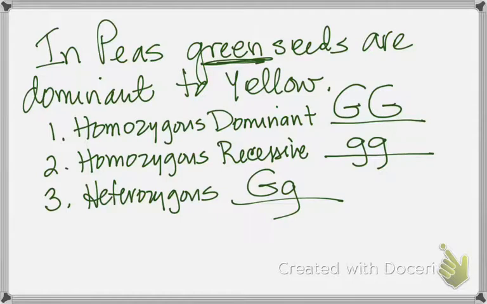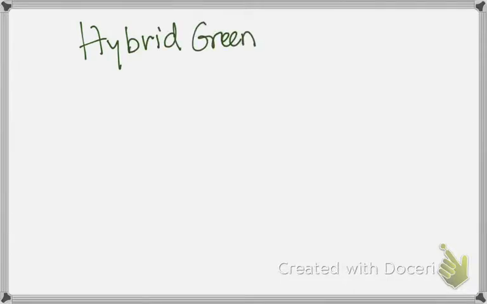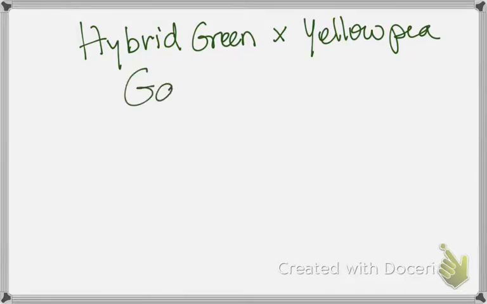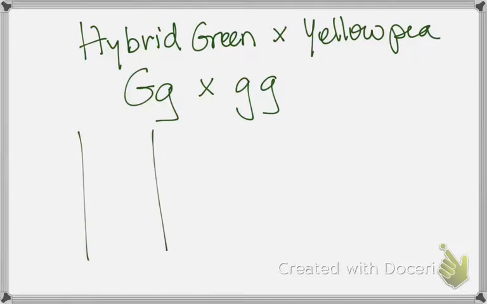Okay, so sticking with those G's, I would like you to cross a hybrid green with a yellow pea plant. Hybrid green with a yellow pea. All right, hybrid green crossed with a yellow. These are your two parents.